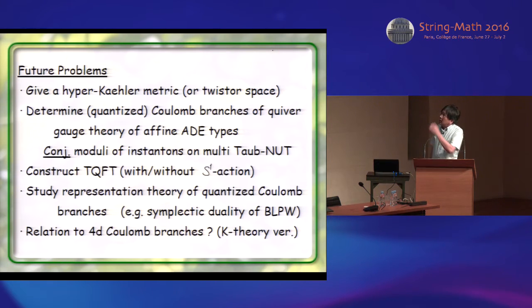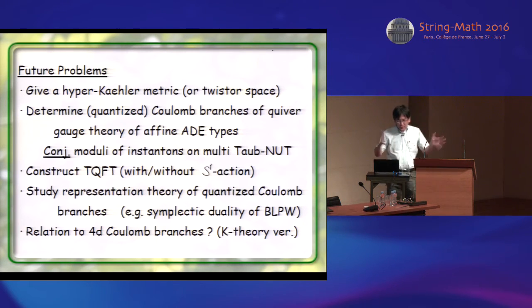And the second is to determine the quantized Coulomb branch of quiver gauge theory of affine ADE type. My previous example is considered as the Coulomb branch of quiver gauge theory of Jordan type. Jordan type is the very first affine ADE quiver, so it's natural to consider the more general affine case. Of course, you can consider an arbitrary quiver, but I think we don't know what the Coulomb branch is for the quiver gauge theory of an arbitrary quiver.